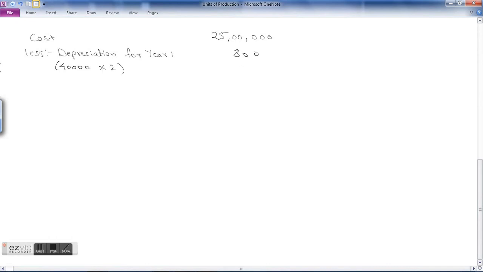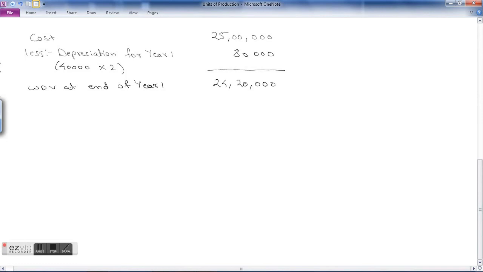So WDV at the end of year 1, okay, 25 lakh minus 80,000, that is 24 lakh 20,000.